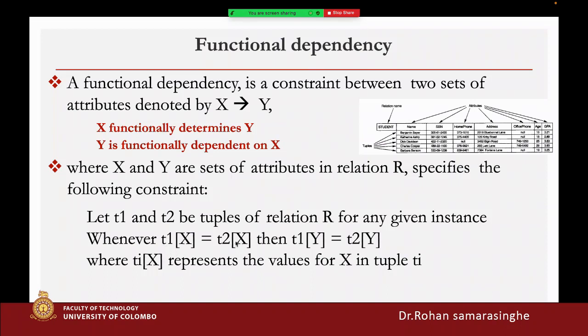Whenever T1x equals T2x, then T1y also equals T2y, where Tix represents the value for x in the tuple Ti. This is called the functional dependency.